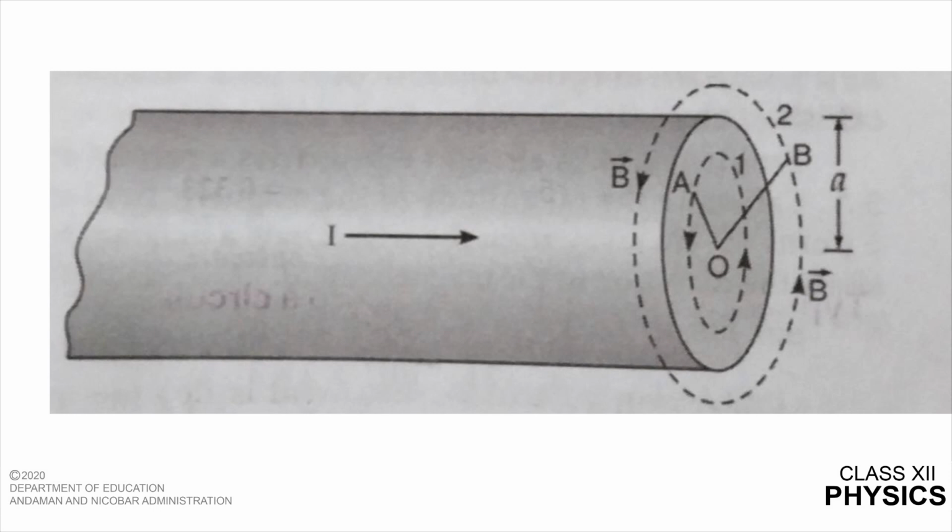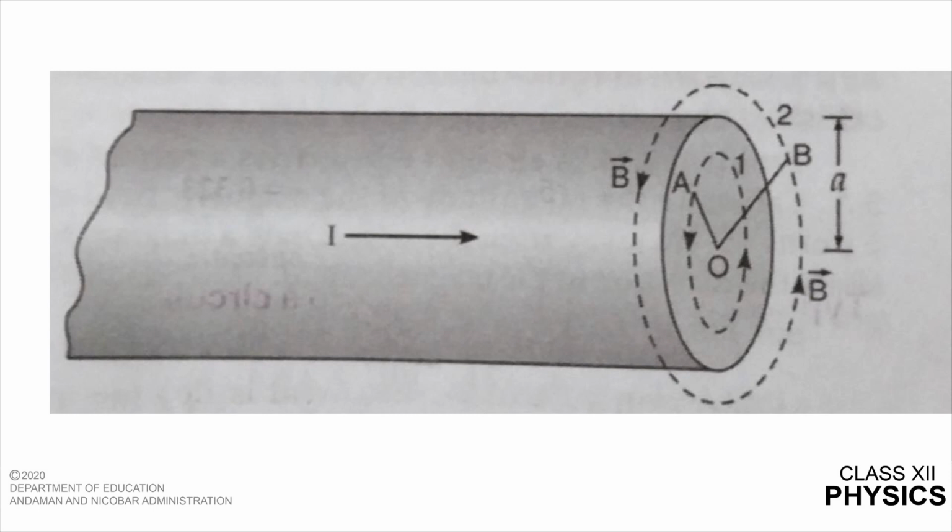Now the question is, they are asking what is the magnetic field for the region 1. You can see on the figure there is a region marked as 1, marked as OA. Similarly, one more region you are able to see, that is OB, marked as 2.